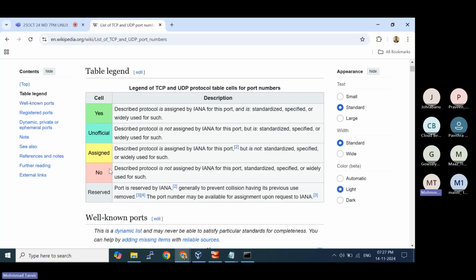No, described protocol is not assigned by IANA for this, and widely used for such, but it is standardized. Assigned means the protocol is assigned by IANA for this port, but not standardized. So there are two things: standardized, not standardized. Okay.